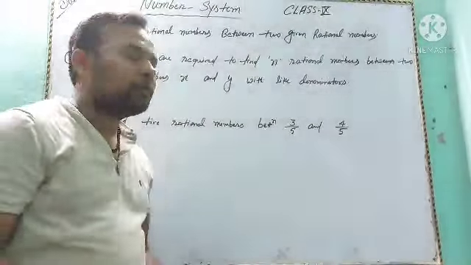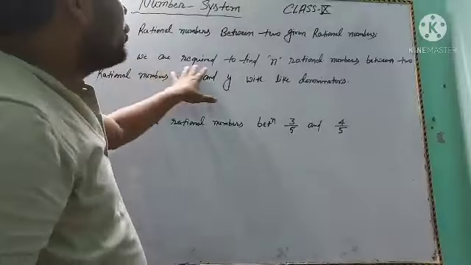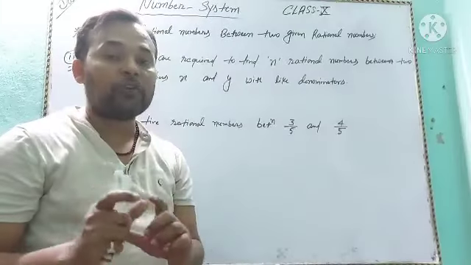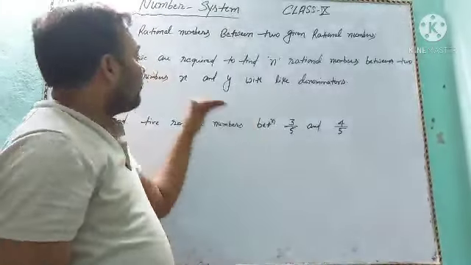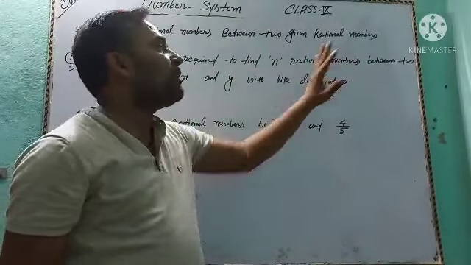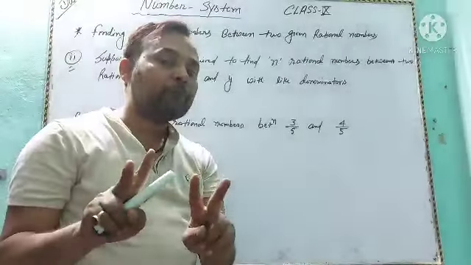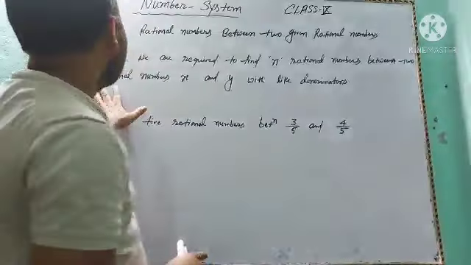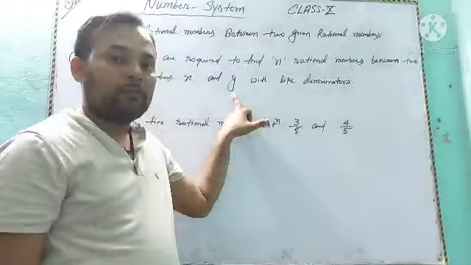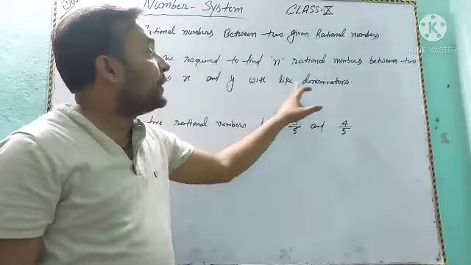Okay, students, suppose we are required to find n rational numbers between the two given rational numbers x and y with like denominators.